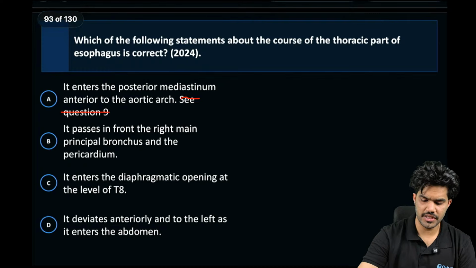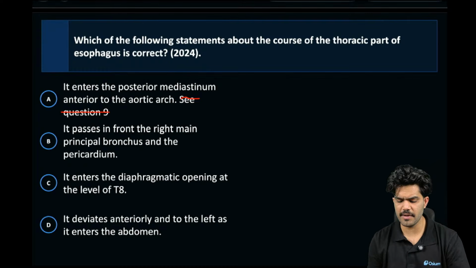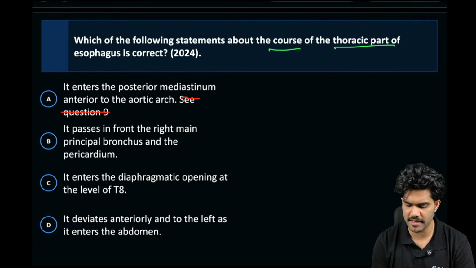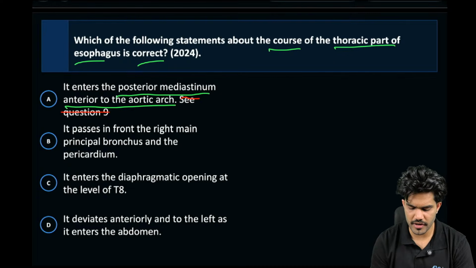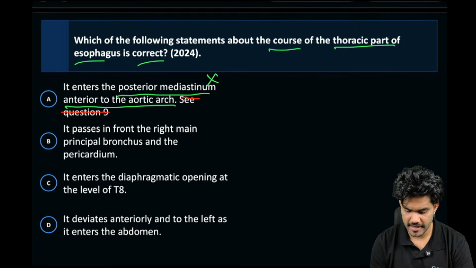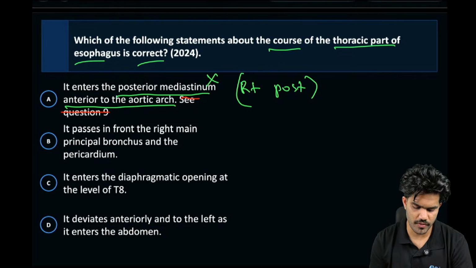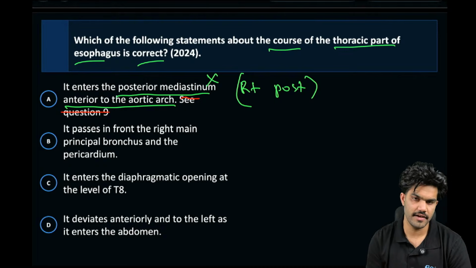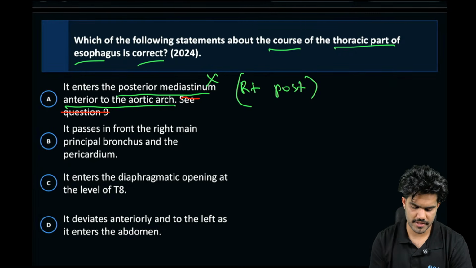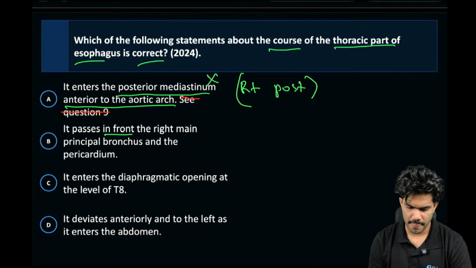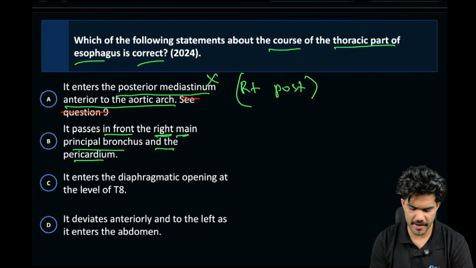Let's move to the next question. Which of the following statements about the course of the thoracic part of the esophagus is correct? It enters the posterior mediastinum anterior to the aortic arch? No, it enters right posterior. It is related to the right posterior of the aortic arch, yes, we have studied the right posterior relation of the arch of the aorta related to the esophagus. It passes in front of the right main bronchus and pericardium?